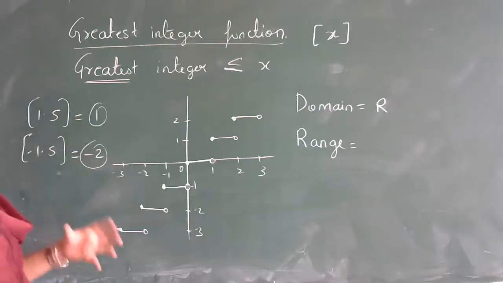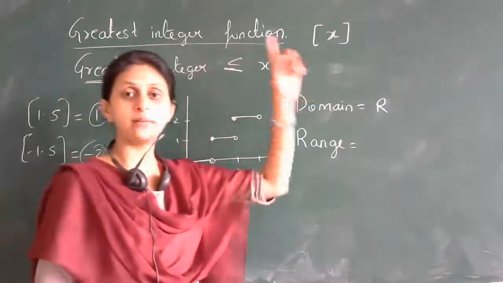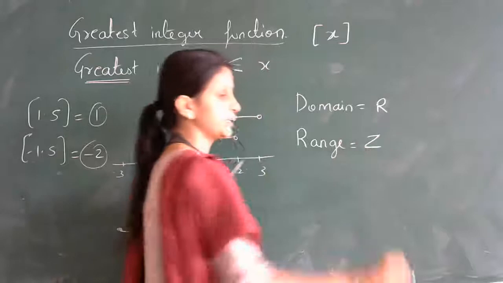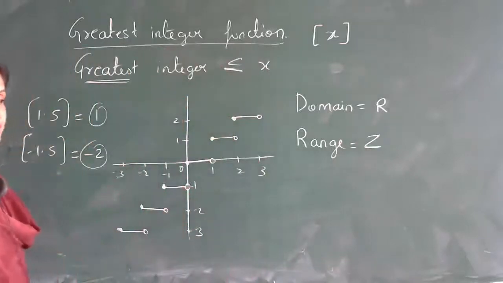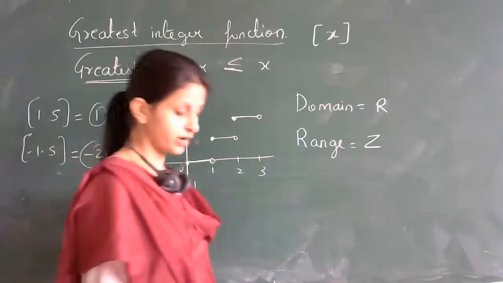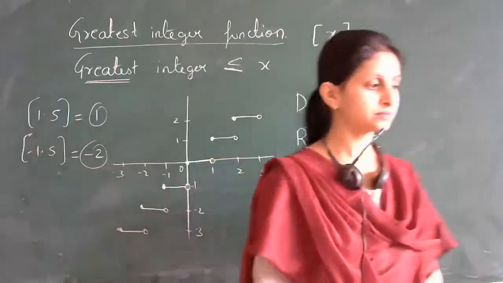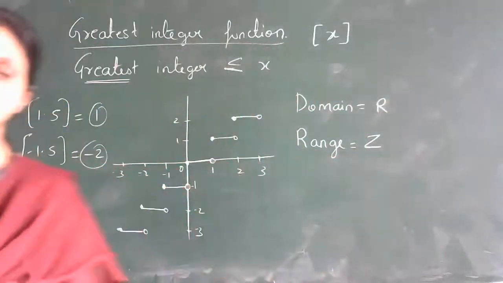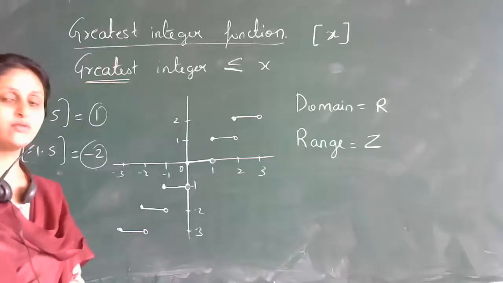So in the greatest integer function, our output will always be an integer. So my range is the set of integers. Did everyone understand this function very well? Very, very important. So the domain is the set of real numbers and the range is the set of integers. Is that clear to everyone?